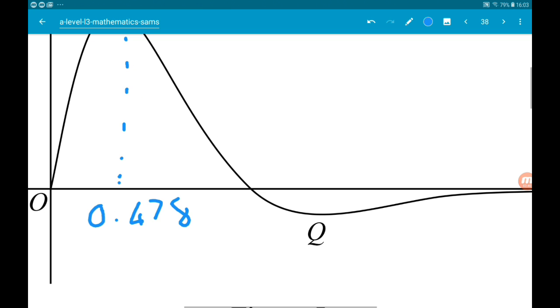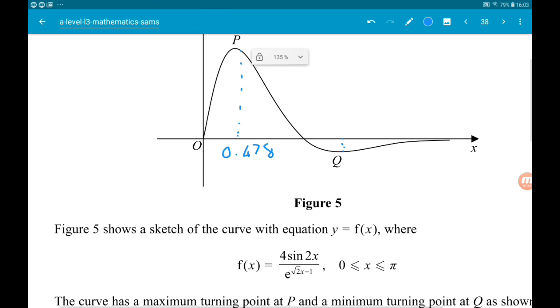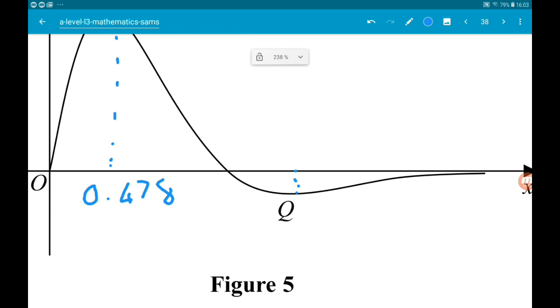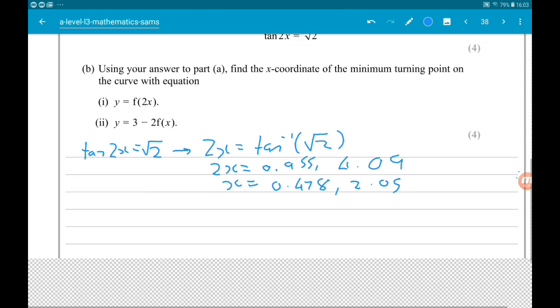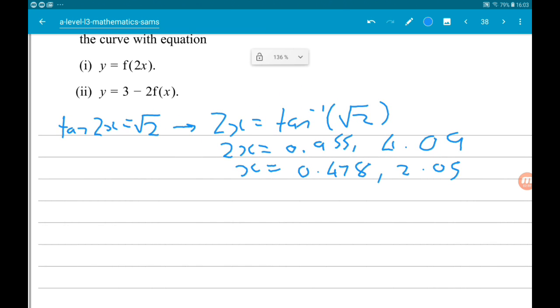And this one is 2.05. Now, f of 2x is a squash or a stretch.